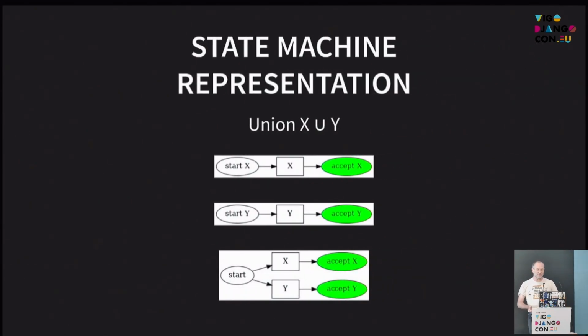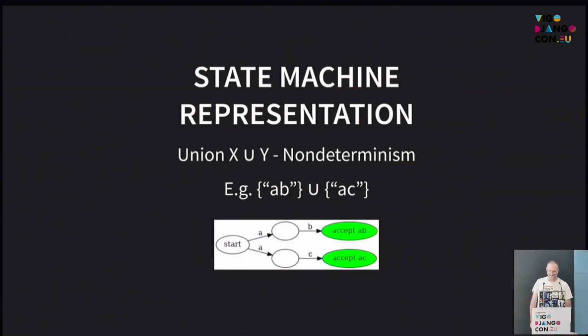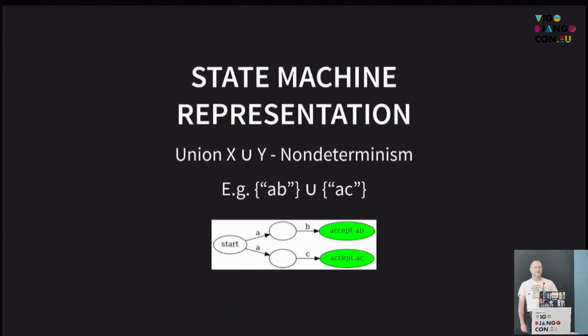If we have a union, then in general, we'd want to compose a machine that can go either way, choosing between its components. But there is a problem, and here comes the twist. The problem is that the choice is not always possible based on just the first character. So, for example, if we build a machine for the union of AB with AC, if the machine reads A, it needs to guess.